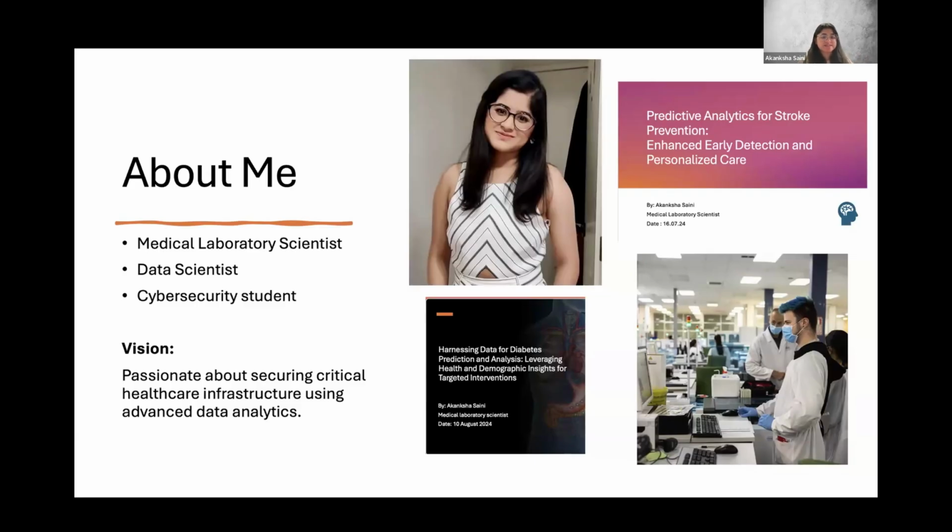I extended my skill set into data science, learning how to extract meaningful insights from complex data sets. Now, as a cybersecurity student, I'm bringing these worlds together. My vision is to apply rigorous scientific data analysis to protect the critical infrastructure that supports healthcare and other essential services.